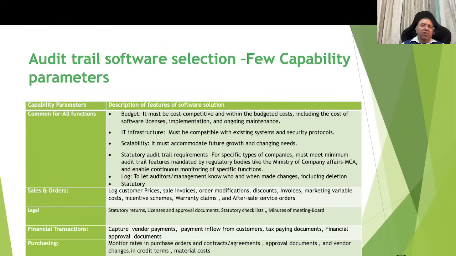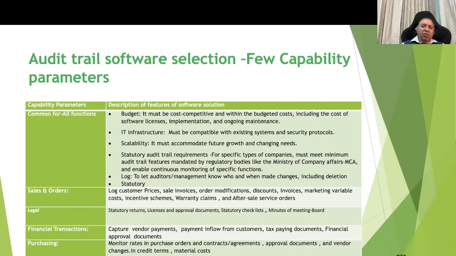Now, I'm giving a few examples of what kind of things can be audit trailed. In case we are having a solution, it must have the capability to take care of the audit trail requirement in sales and orders.